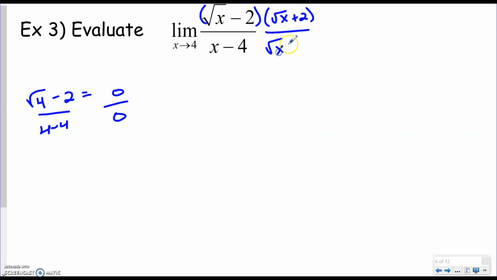So if I multiply by the square root of x plus 2 on both the numerator and denominator, we are going to get on the top the square root of x times the square root of x, which is x. Square root of x times 2 is 2 square root of x.